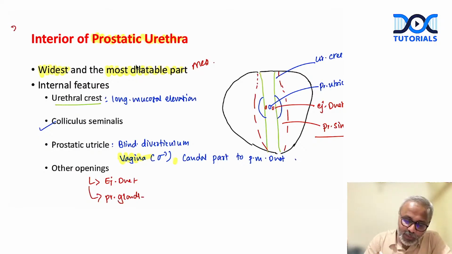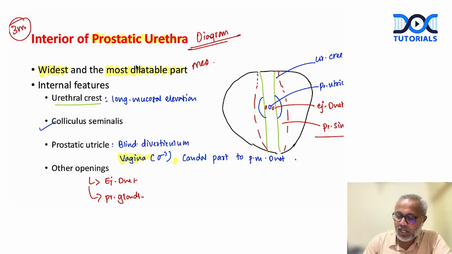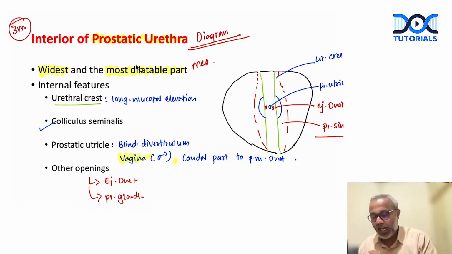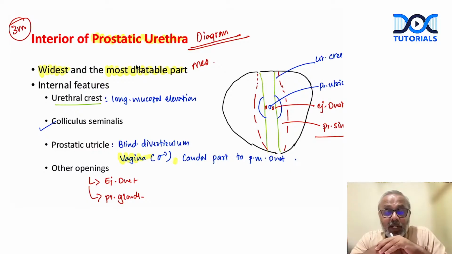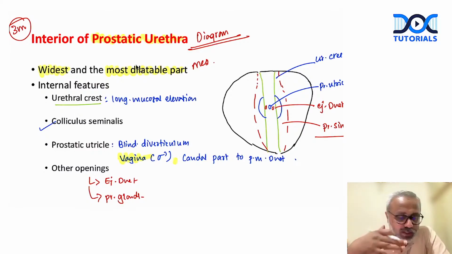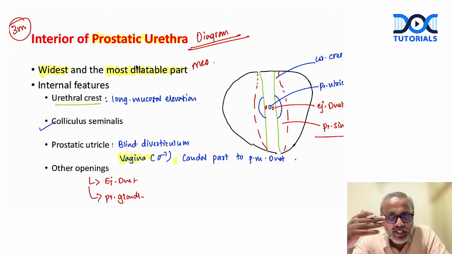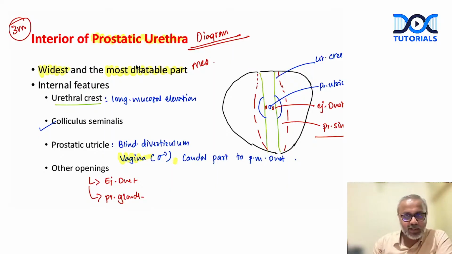Again, this could be a very important 3-marker, or the diagram of this is very often asked, right? Diagram of the prostatic urethra or the interior of the prostatic urethra. Are we clear? So this is how you need to describe it.